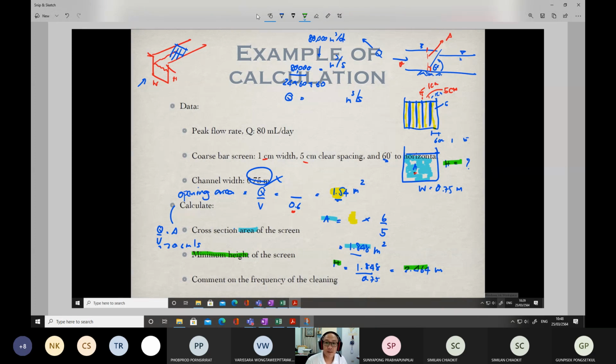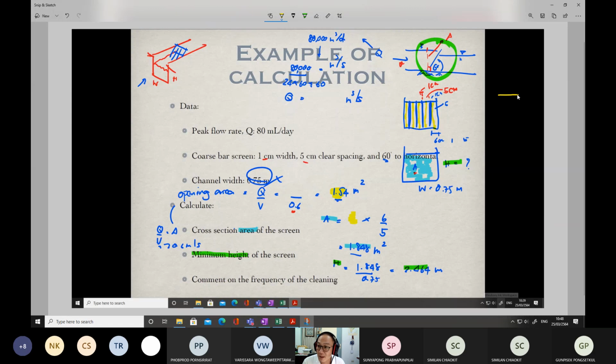But as I mentioned, whenever we determine the area by taking this relationship, it is an area perpendicular to the direction of flow.